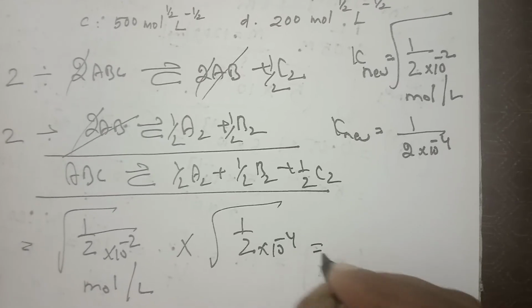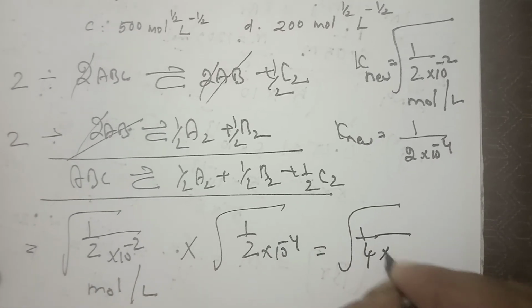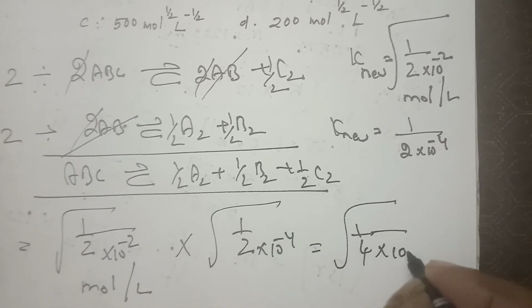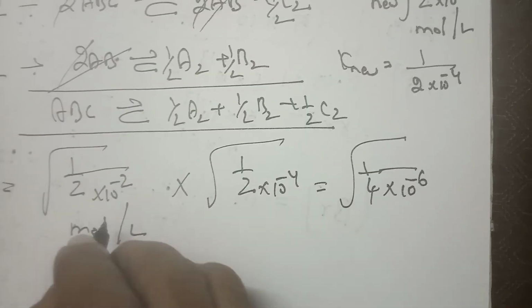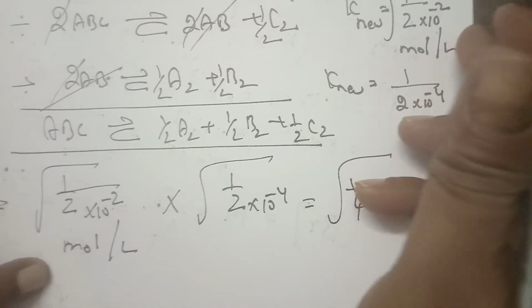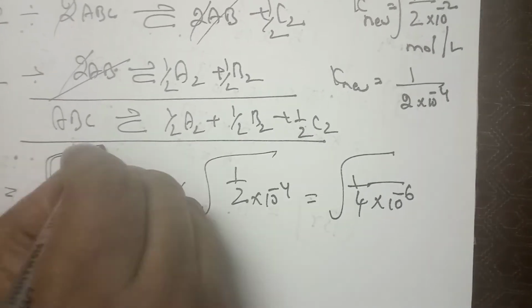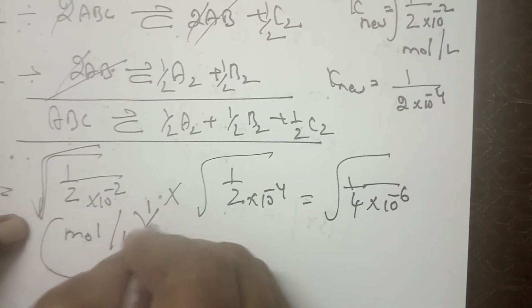So what we get is 1 by 2 into 1 by 2, 1 by 4, and in the denominator minus 2 minus 4, minus 6. Here it is written as an inverse only. Then we took the square root, so that work I have to do for this unit.